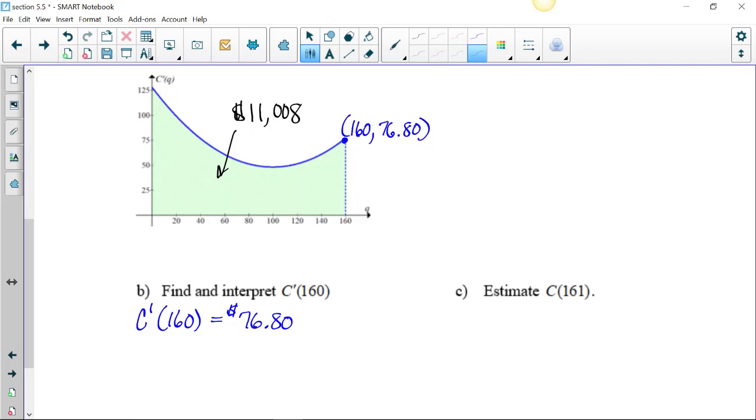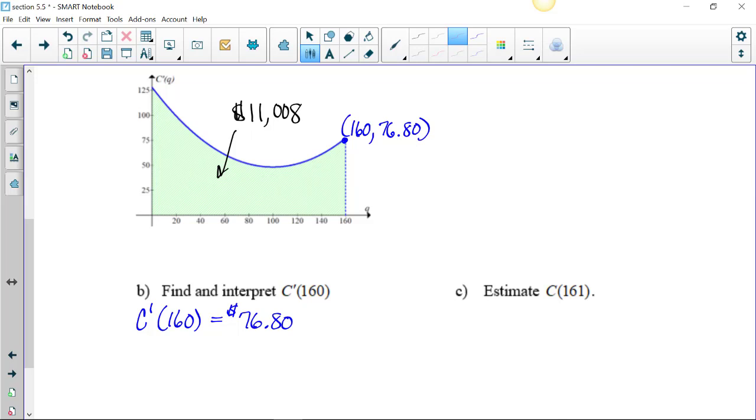So that's a point on my marginal cost graph. Okay, so what does that mean? Do you remember what marginal cost means? So we're at a production level of 160. Marginal cost is basically the rate: how is the cost to produce each item changing? Well, it's changing at a rate of $76.80.